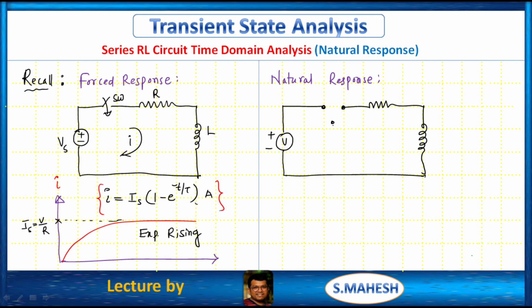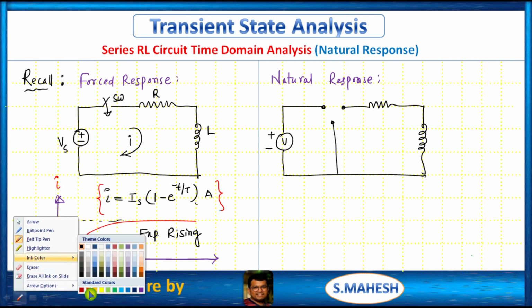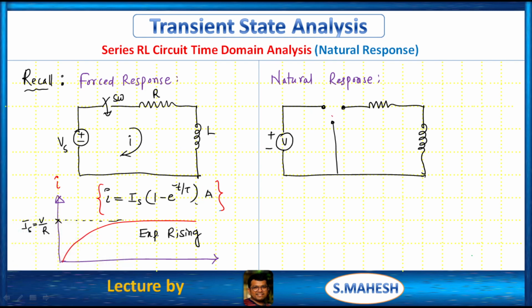Now listen carefully, from here to here we have a path. This is the position of the switch. Let us say this is the switch S, this is S dash.